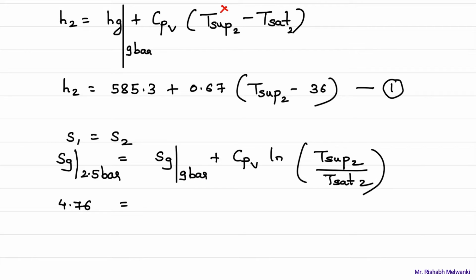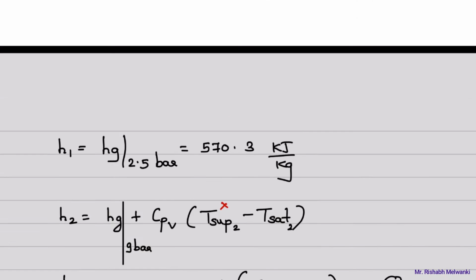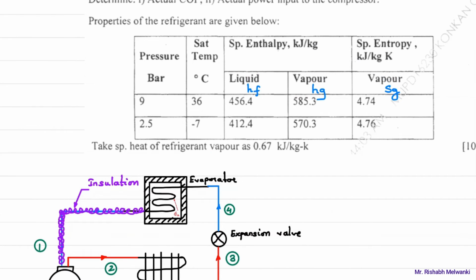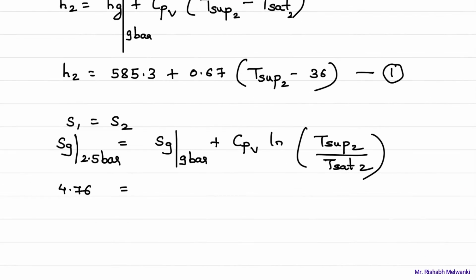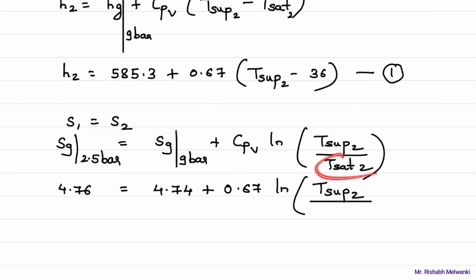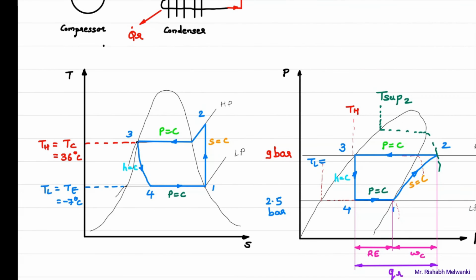So SG at 9 bar, what is the value? For 9 bar, SG is 4.74 plus Cp of vapor. What is Cp of vapor? 0.67. Log T sub 2 is unknown upon Tsat 2. What is the value of Tsat 2? 36 degrees Celsius.